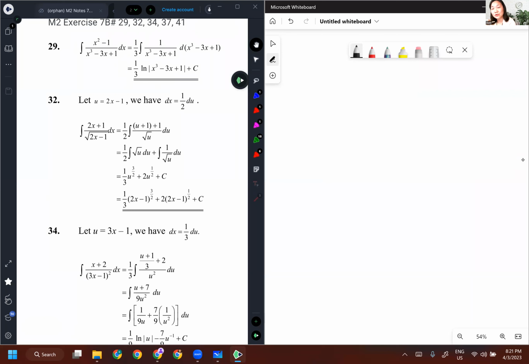But in this solution, I'm going to show you the way that you don't have to use the letter u. On the one hand, I want you to be able to do both. For question 32, it's recommended that you let u be 2x minus 1. Definitely this method is easier, but it's also possible without it. It's just harder.